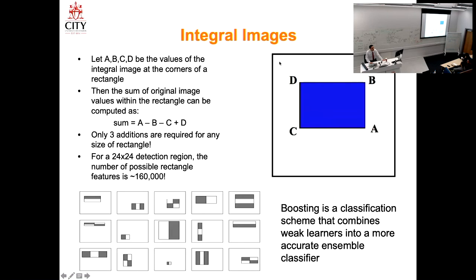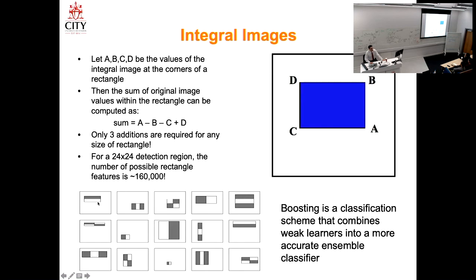Did you get it? Right? Simple? So the sum in this box is A, from here to A, minus B, this area, minus C, this area, and plus D, this area. So now I have this box's value.